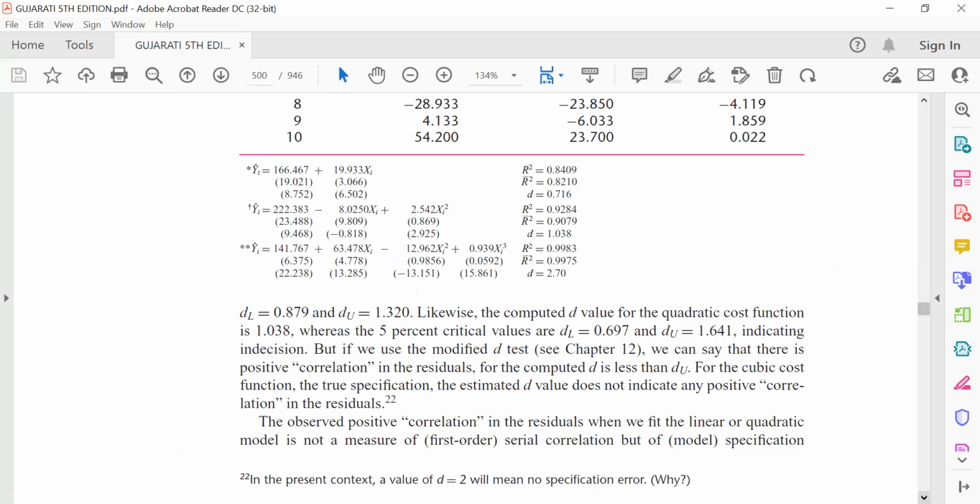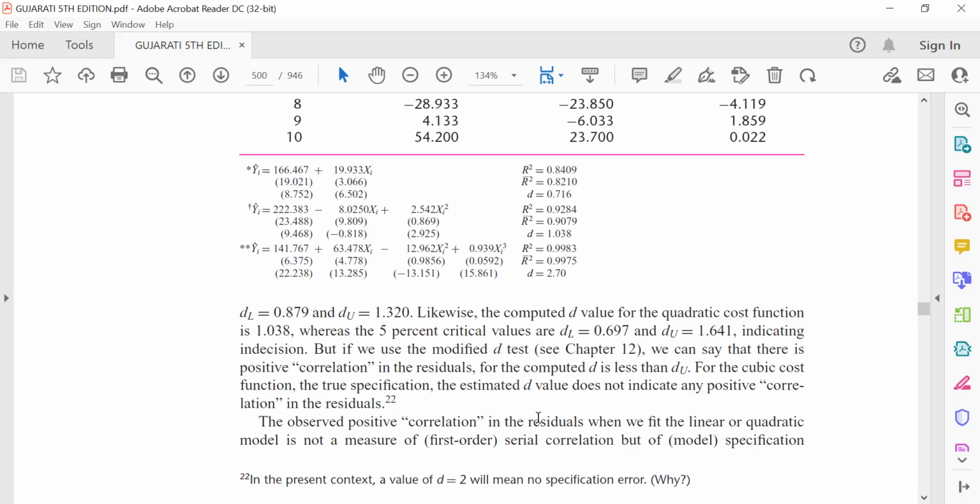Likewise, the computed d value for the quadratic cost function is 1.038, whereas the 5% critical lower limit is 0.697 and upper limit is 1.641, indicating indecision. But if we use the modified d test in chapter 12, we can say that there is a positive correlation in the residuals, because d is less than the upper limit.